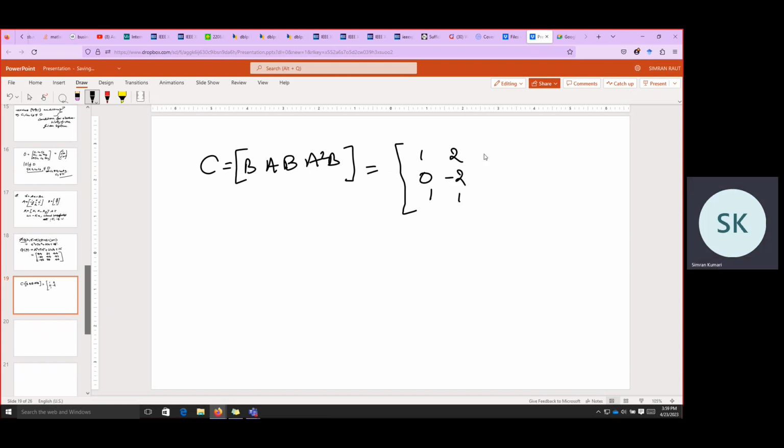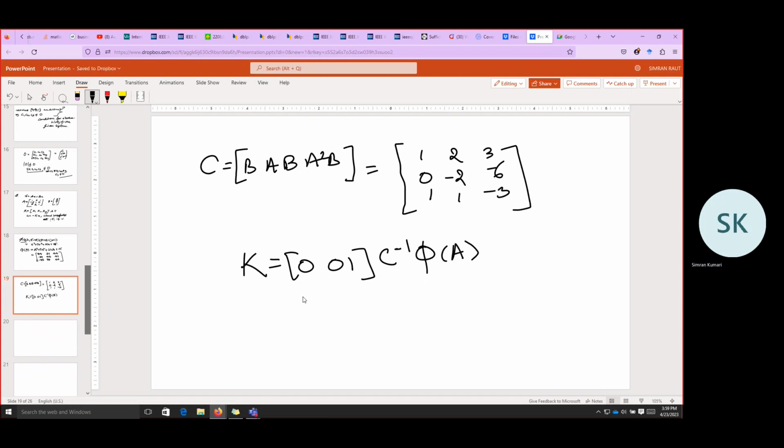Now we just have to include this in the formula of K. So from Ackermann's formula we know K is [0, 0, 1] times the inverse controllability matrix times phi of A. The proof is there in the lecture, so you can go through that if you have any doubt in the proof.